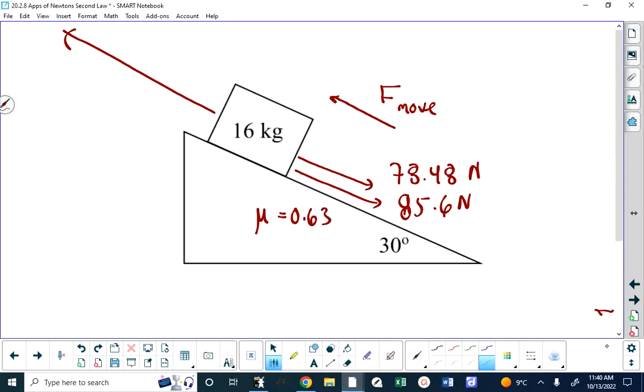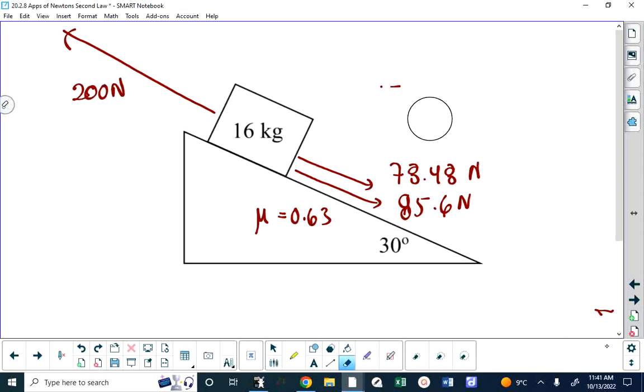Or I could tell you, you apply a force of 200 newtons. What's the acceleration? And it can be more than just 2 forces. Or I could tell you you're applying a force downwards. What's the acceleration? You have to be adaptable here.